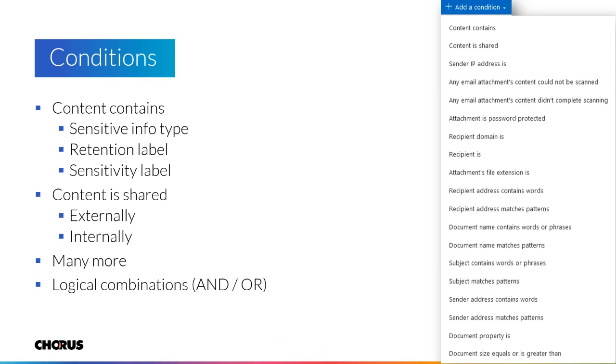You might have another condition, which is when the content is shared either externally or internally or both. And as you can see on the right, there's many more of these. You can create conditions that tie all of these things together with logical constructs, with ands and ors. So coverage is really pretty good. I've never yet found a combination that doesn't do what we need to do.